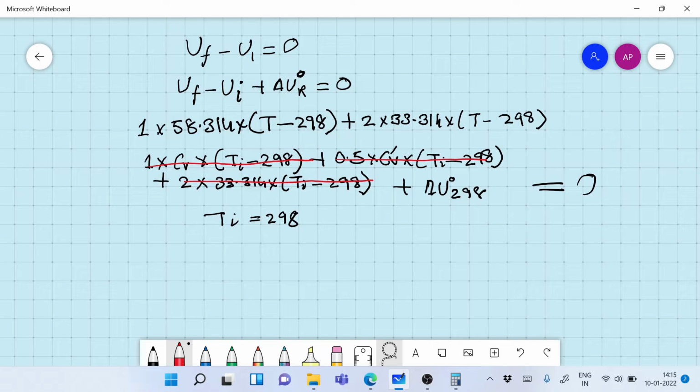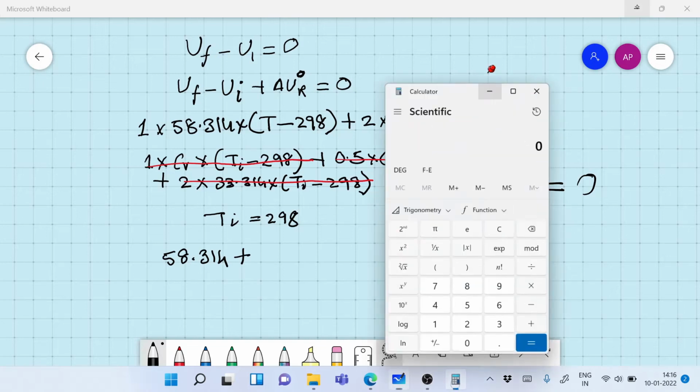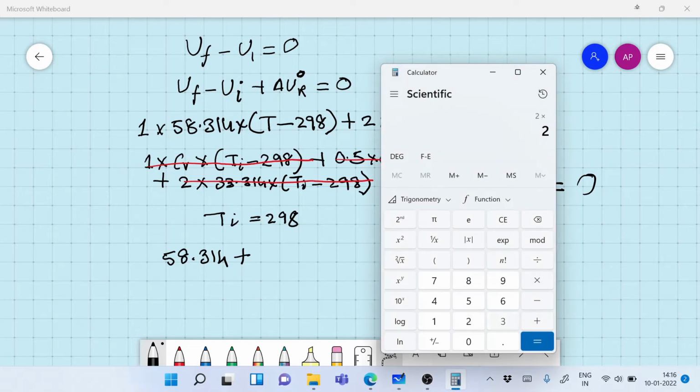And we are only left with 1 plus 58.314 plus 2 into 33.314. So 2 into 33.314 is equal to 66.628.